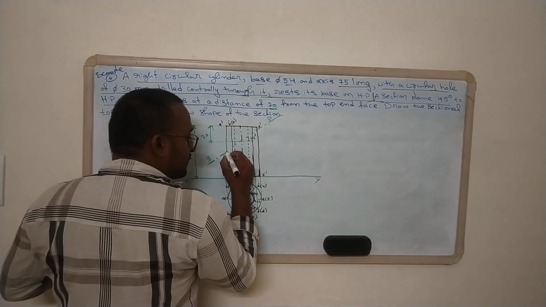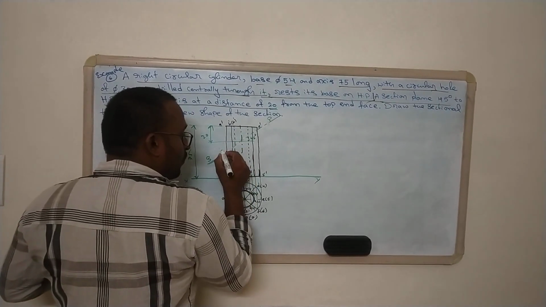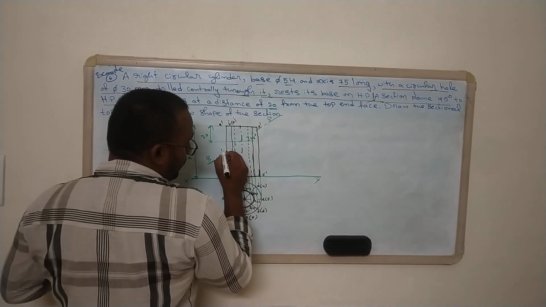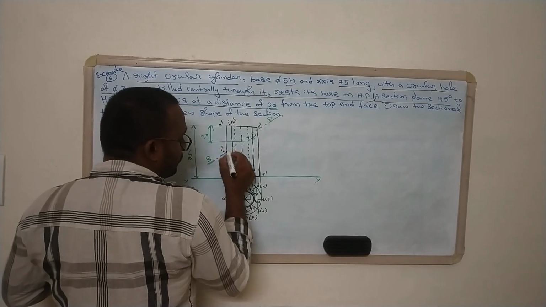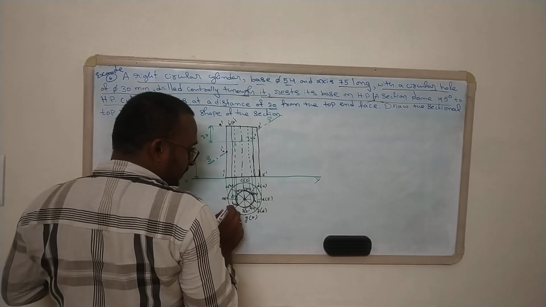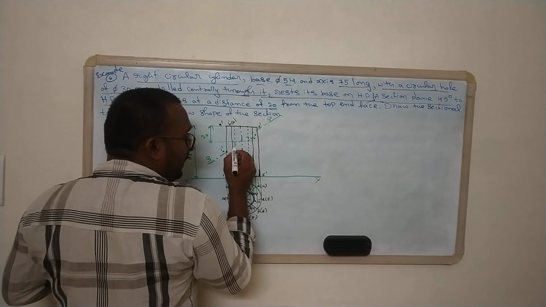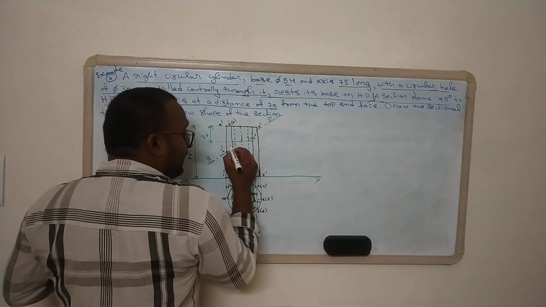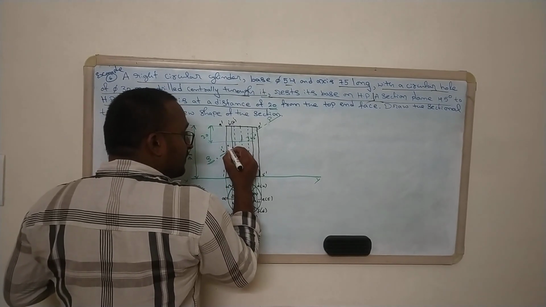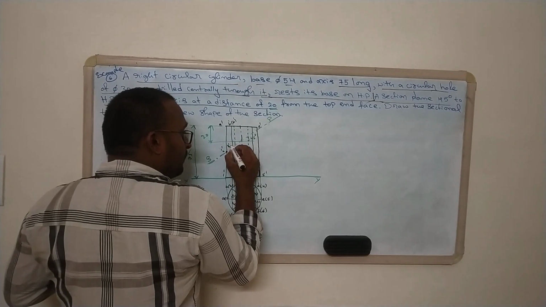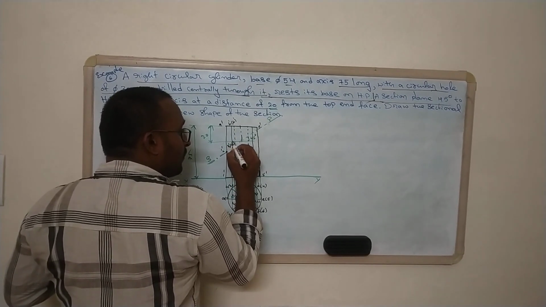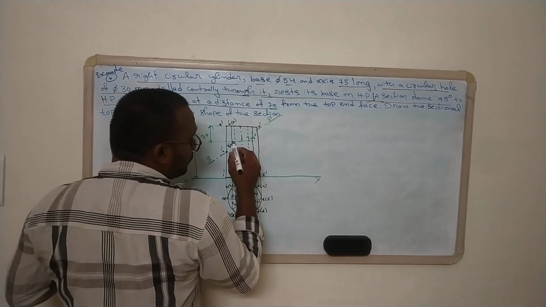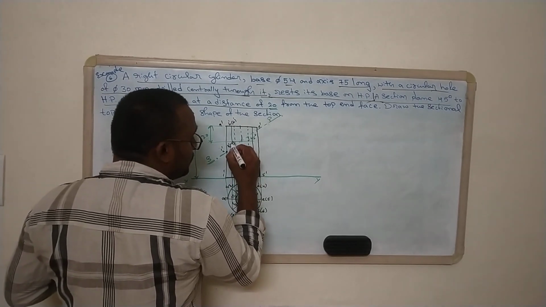So here it is 1, 1 dash, and then 2, 2 dash. Here 1 is already there, so we are going to take it as 1, 1 dash, and then here it is 2, 2 dash.